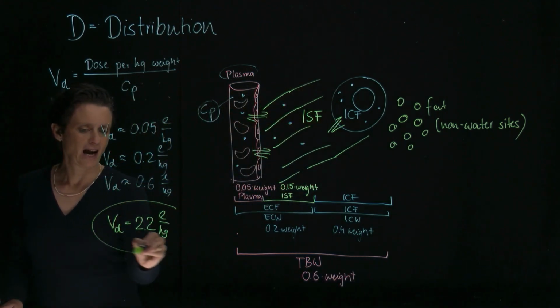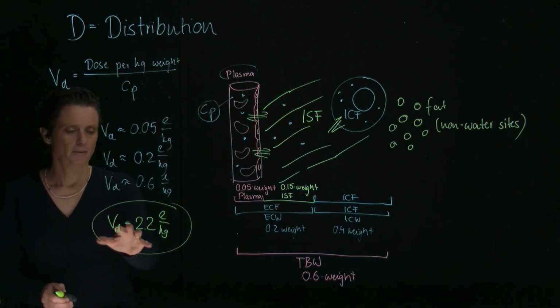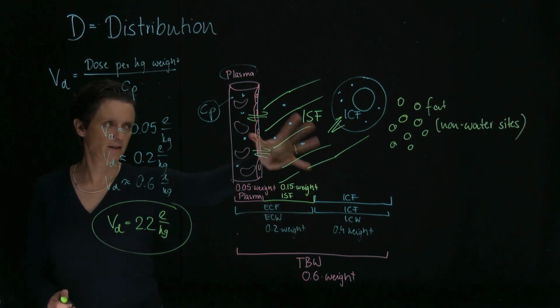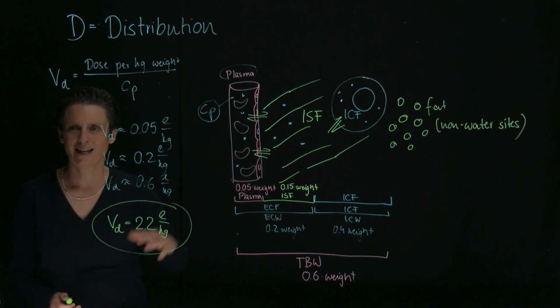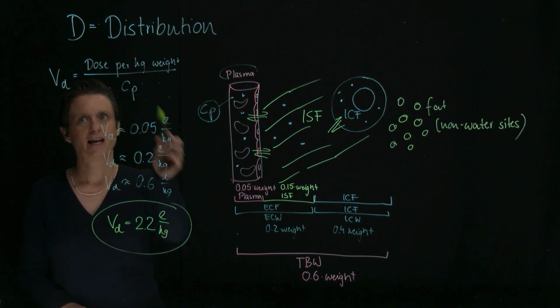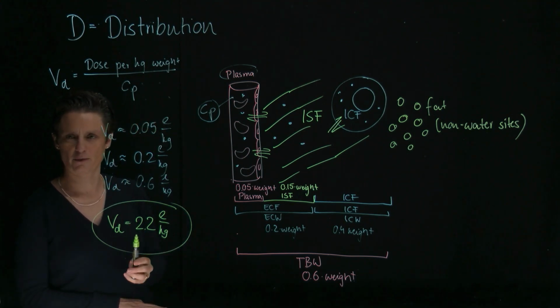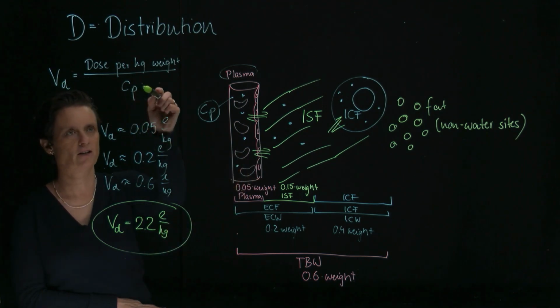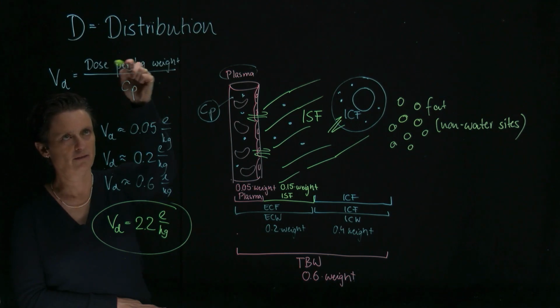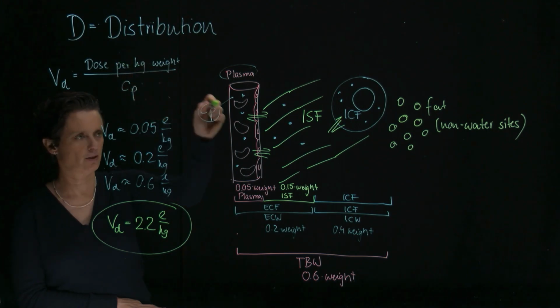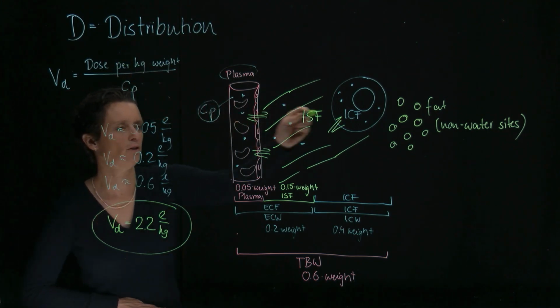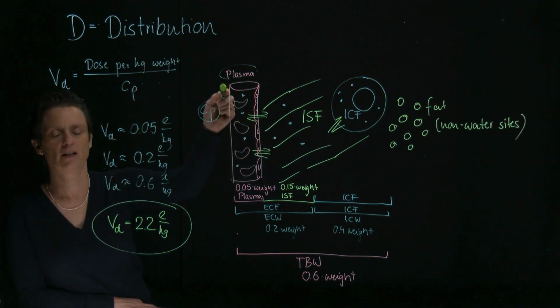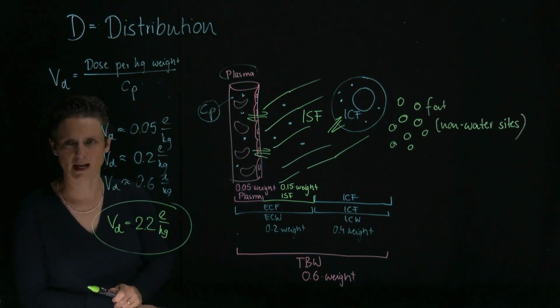If you have a very high volume of distribution, meaning it's even higher than the total body water, then you know it has sequestered somewhere else. Does that make sense with our volume of distribution formula? Sure, because the volume of distribution is large, so for a given dose, the plasma concentration is going to be low because it's all in equilibrium, so it's going to be very low to measure in the plasma concentration of the drug.